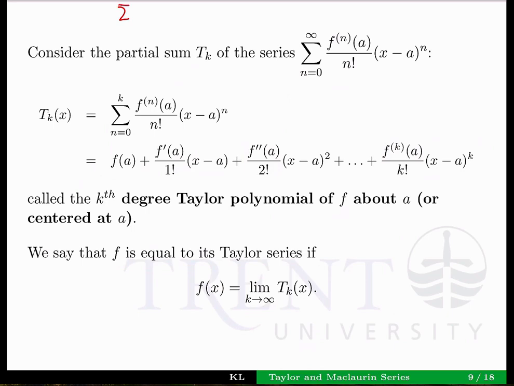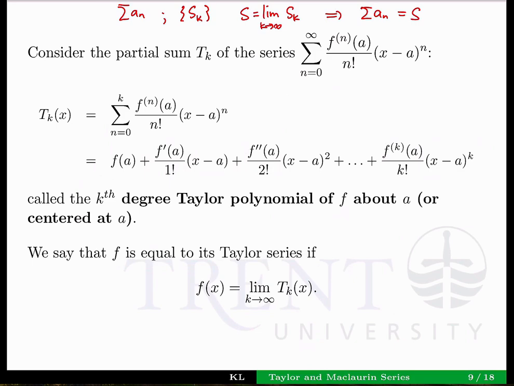You have a series sum a_n and you consider s sub k, and then this s is equal to the limit of s sub k as k approaches infinity. If it has a limit equal to s, then the sum of a_n is equal to s.